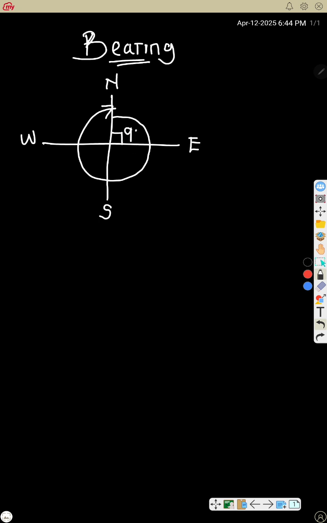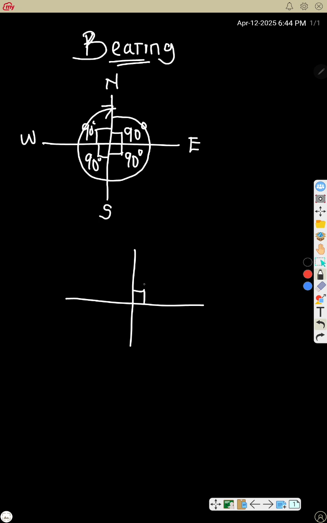So the angle here is 90 degrees. The angle here is also 90 degrees. The angle here is also 90 degrees. The angle here is also 90 degrees. So the total angle here is 360 degrees. And take note, I can combine the angles also.